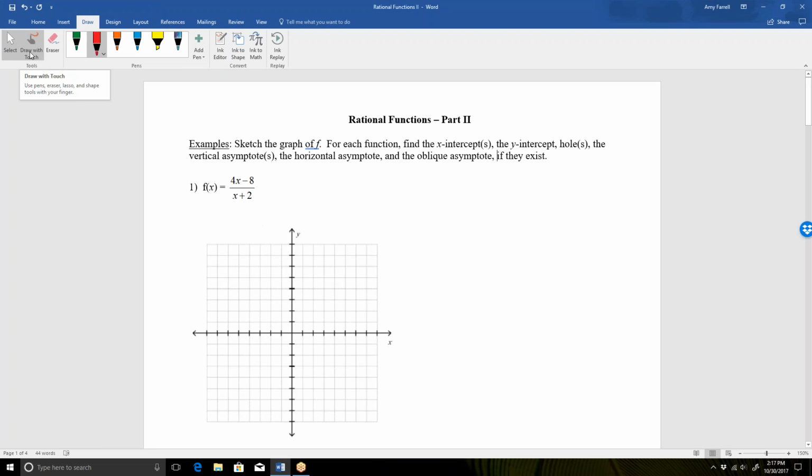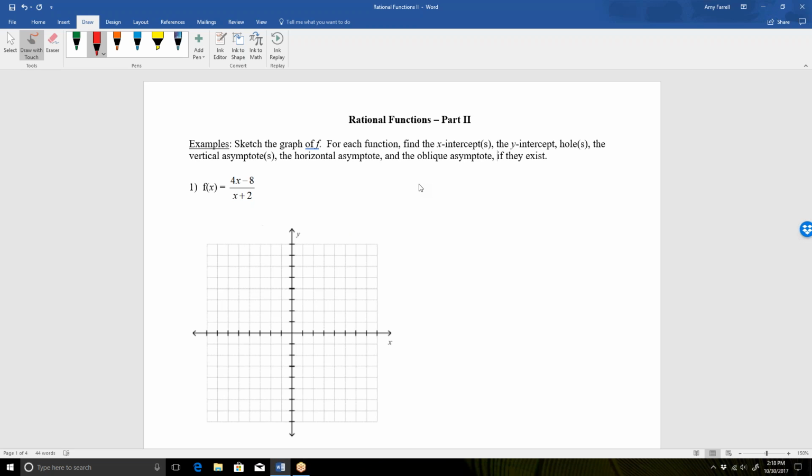This is the second video over rational functions, and in this video, we're going to take the information that we found in the previous video and plot that on a coordinate plane to see how these functions look graphed. So I'm going to go pretty quickly through finding the x-intercepts, the y-intercept, the holes, the asymptotes.